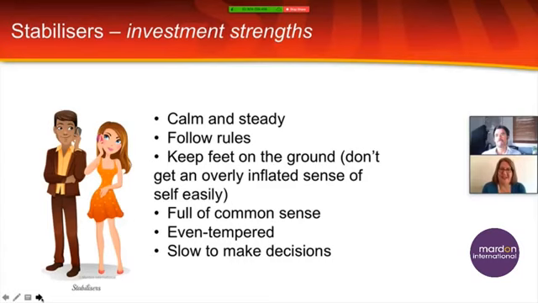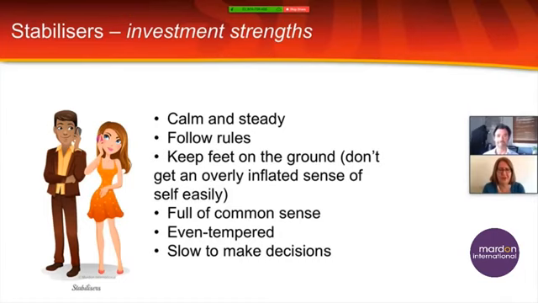So the strengths that help stable investors who are stabilizer subpersonalities are they have a real sense of calmness and they're really steady. It's not chaotic, it's stable. They follow the rules.